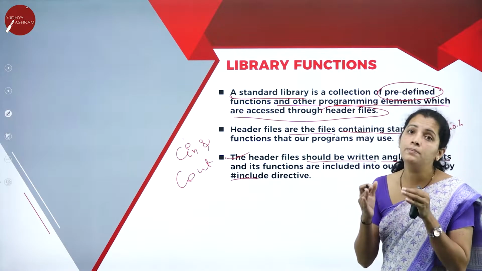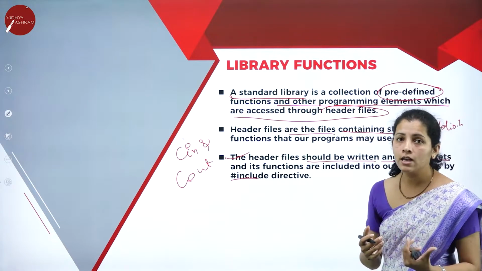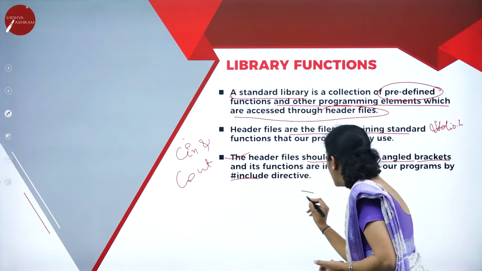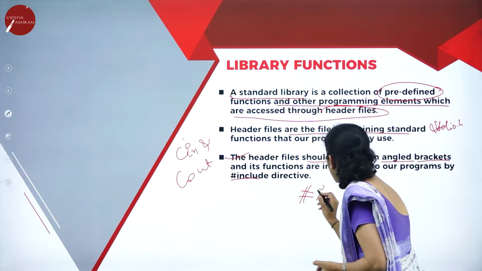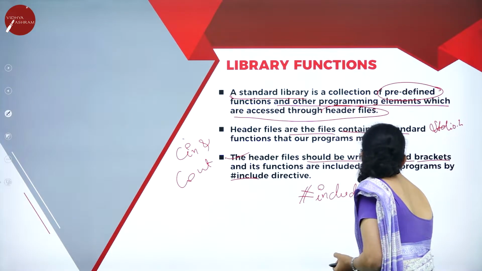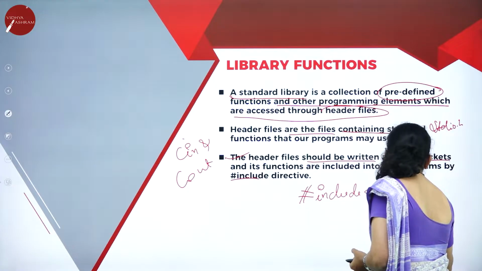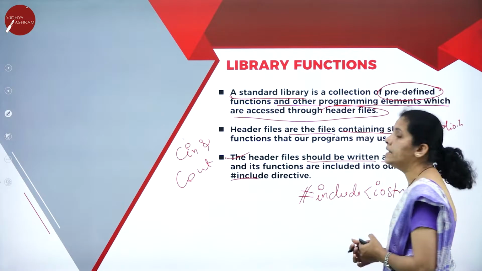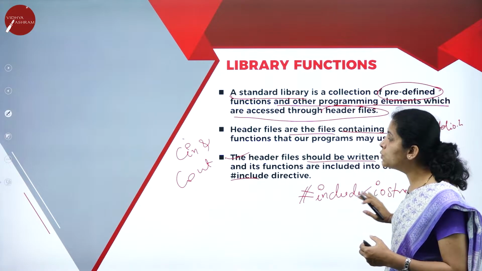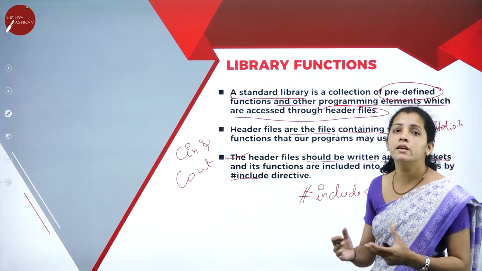Inside the angled brackets, I write the header file. For example, if I write #include <iostream.h>, then it allows the user to use cin and cout functions in their program.